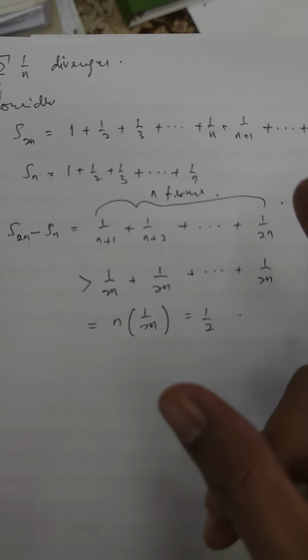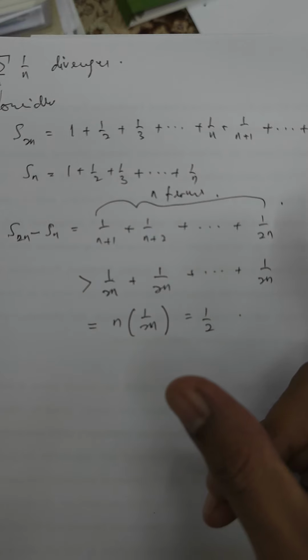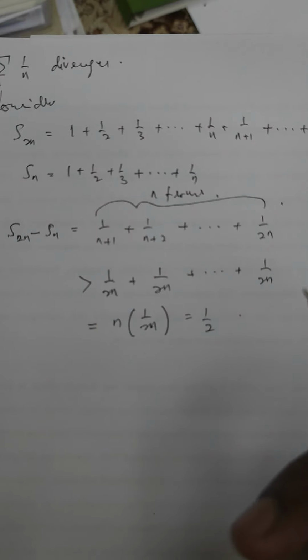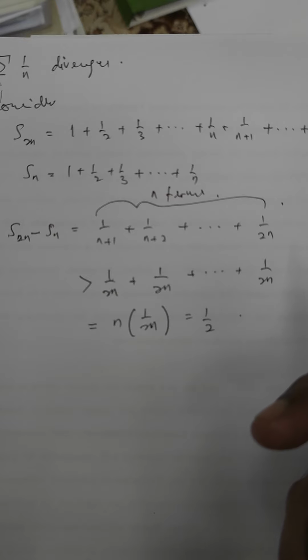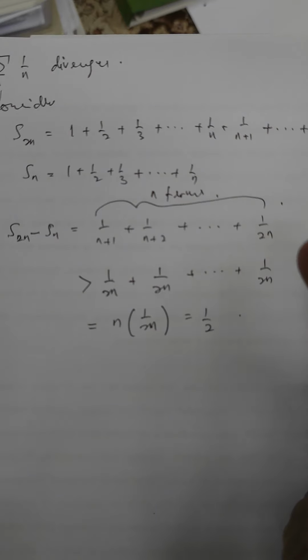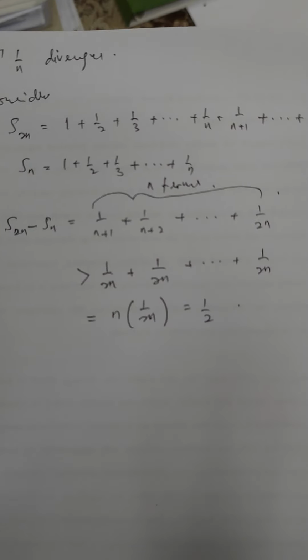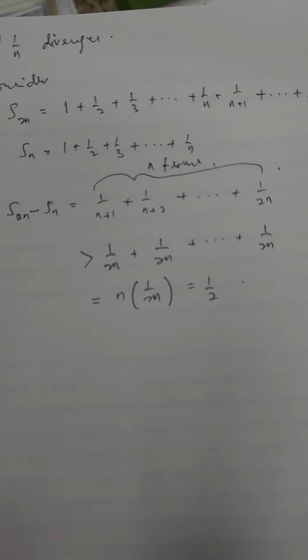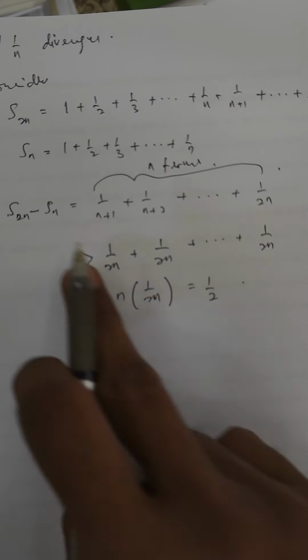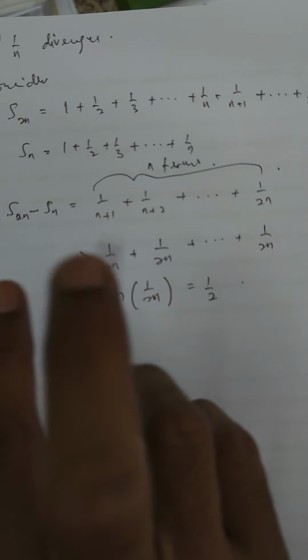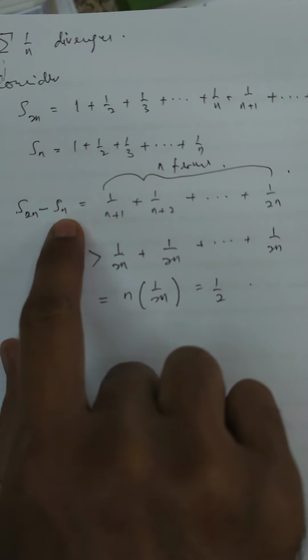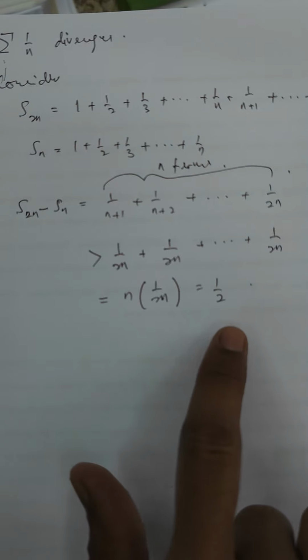In this case, if you remember the Cauchy condition, if the sequence converges, then you can find a number capital N such that the difference between terms is less than epsilon, a small number, for all n and m greater than N. But in this case, if we consider m as 2n and the other one as n, then the difference is greater than half.